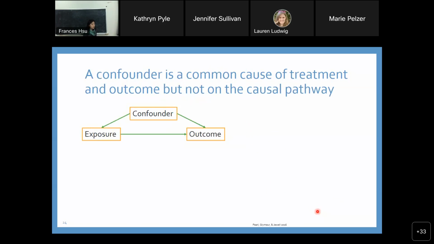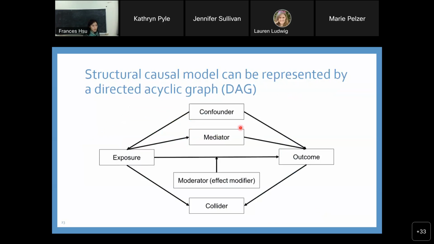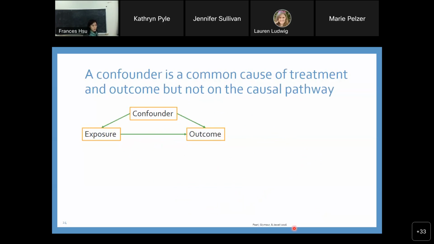Now I'll briefly go over what each one of those middle variables mean. To start, a confounder we have talked about is a common cause of treatment and outcome, but not on the causal pathway. So for example, age is a confounder in the relationship between exercise and cholesterol.